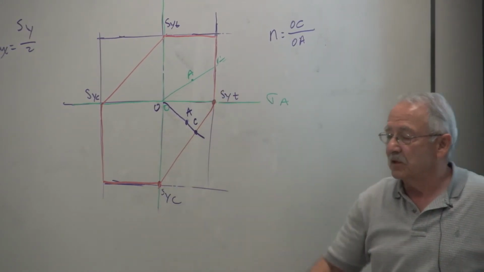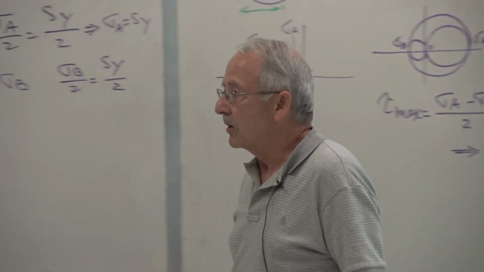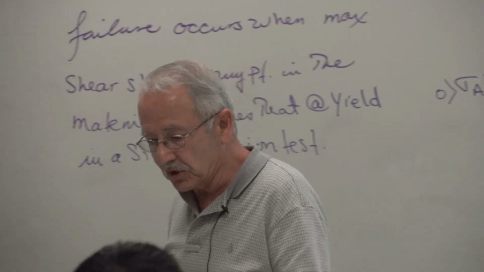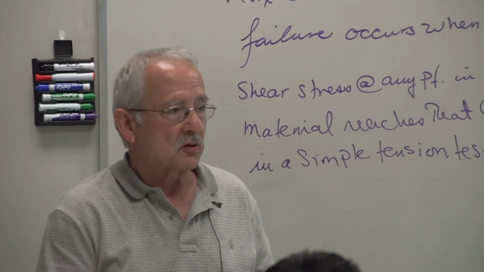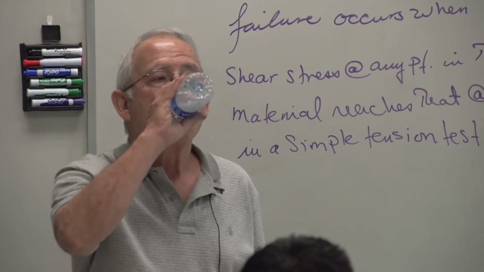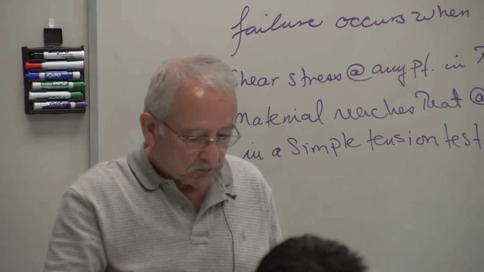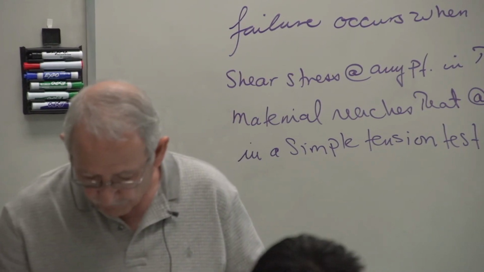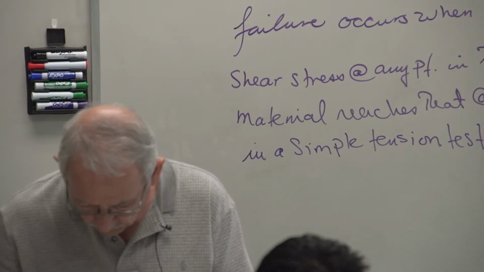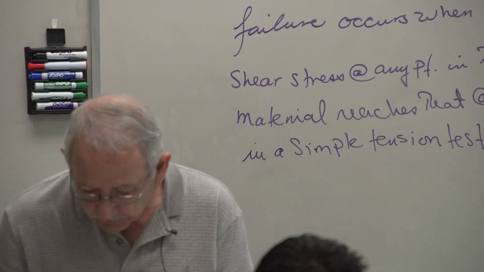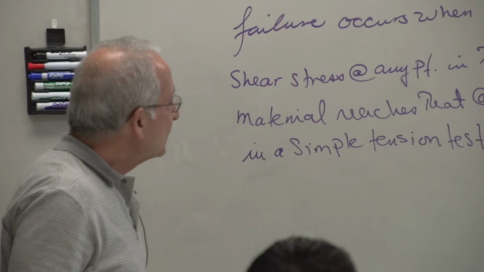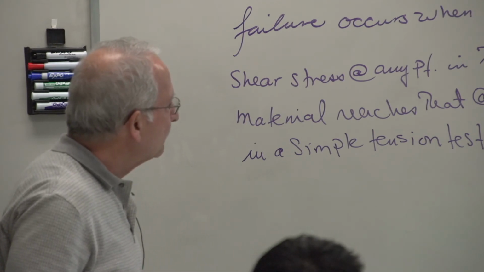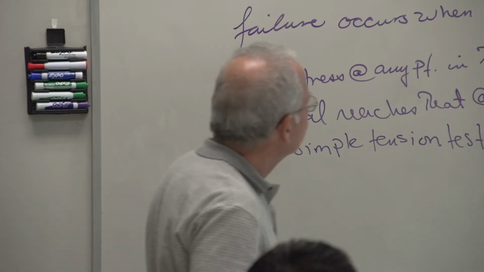So we use the maximum shear stress theory for all of our failure analysis problems to see when a material will have failed. Any questions? Okay, next. And this also is used for ductile materials as well.